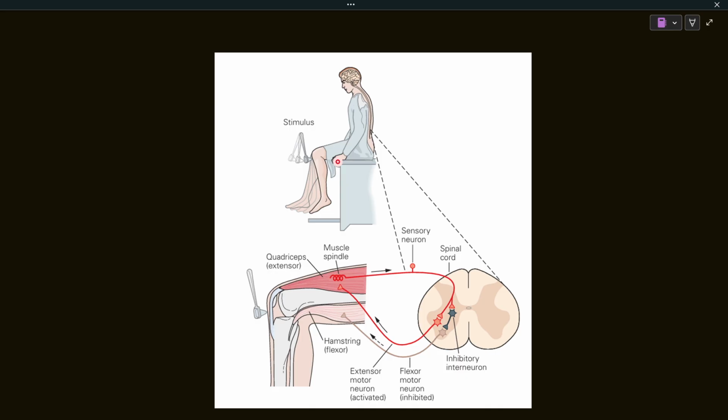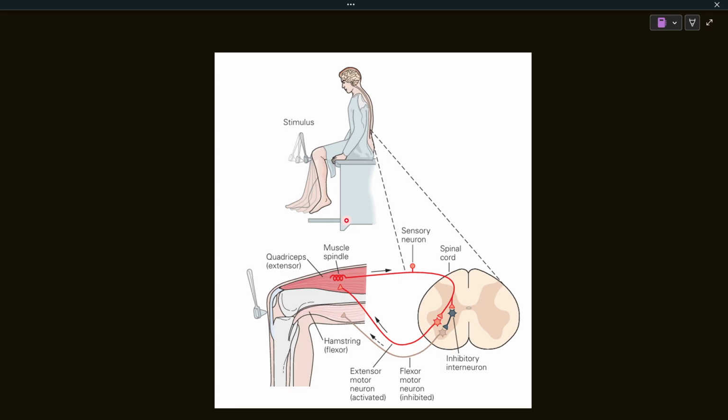This reflex is involved in maintaining balance and posture. When that sudden stretch is given, there is a sudden imbalance, caused by the stretching of the quadriceps extensor muscles of your legs. That is what we know as the knee jerk reflex, because the movement is a sudden, jerky movement.